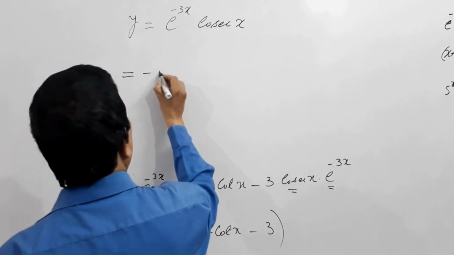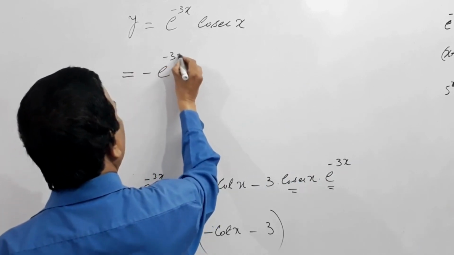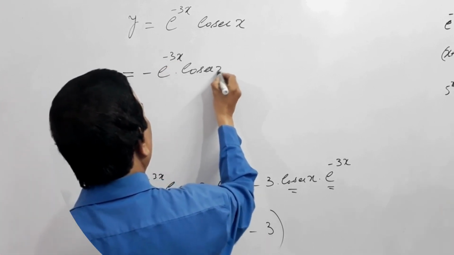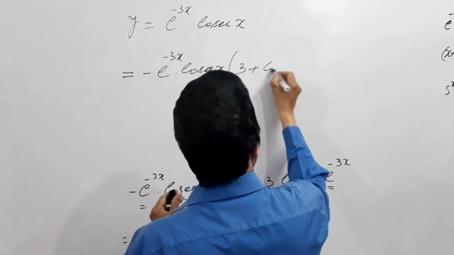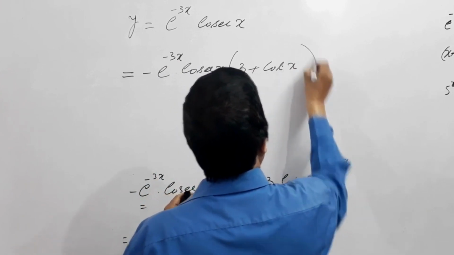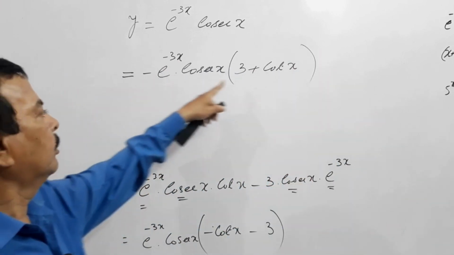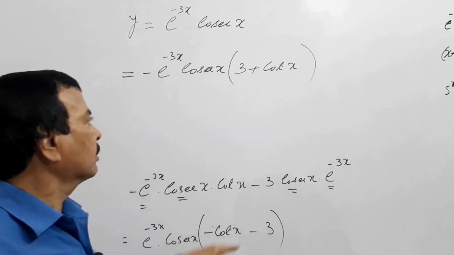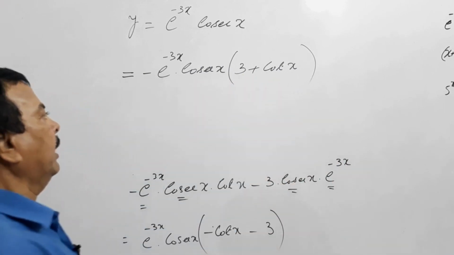So minus e to the power of minus 3x cosecant x into 3 plus cot x. See, minus into 3, minus 3, minus into plus, minus cot x. So we have got the answer.